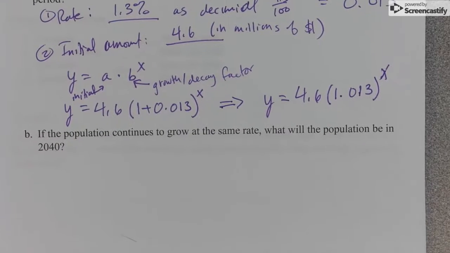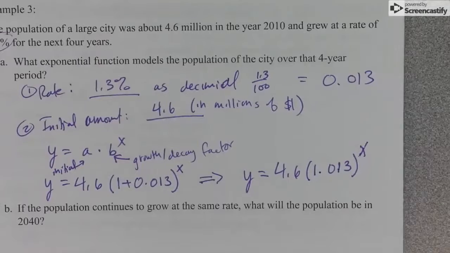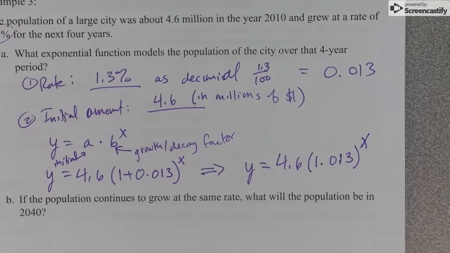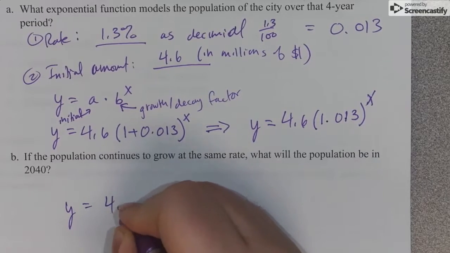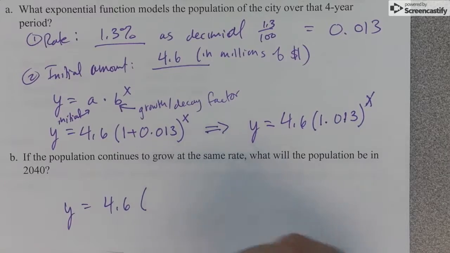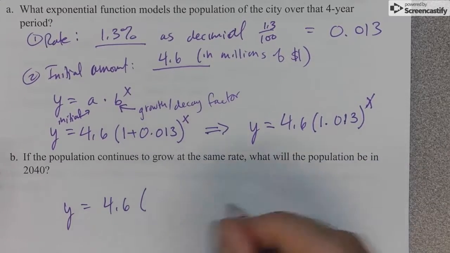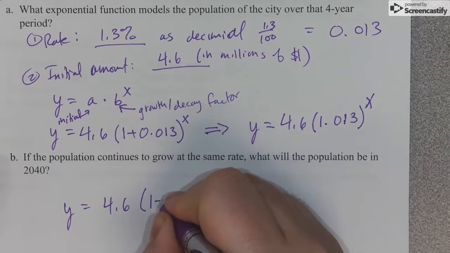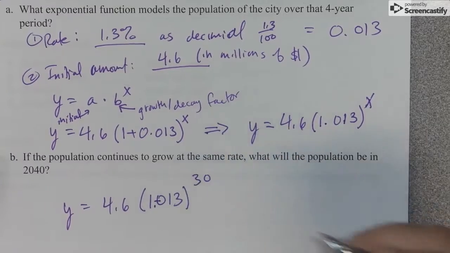In part B, if the population grew at the same rate, what would the population be in 2040? How many years are in between 2010 and 2040? Well, that's 30 years. So you would do y equals 4.6, and this is all in millions of people, sorry, times 1.013 raised to the 30th power.